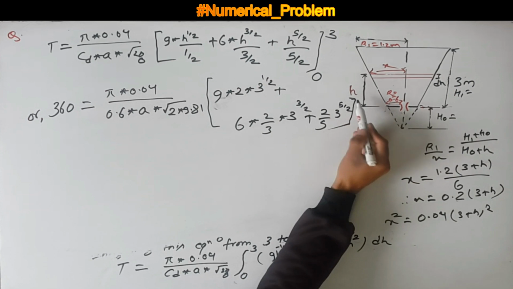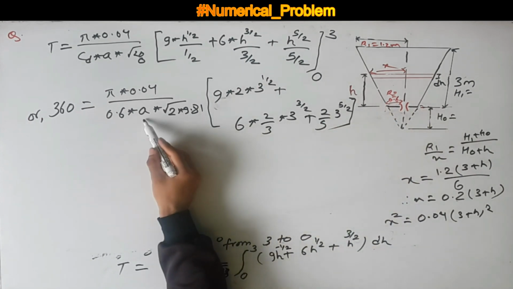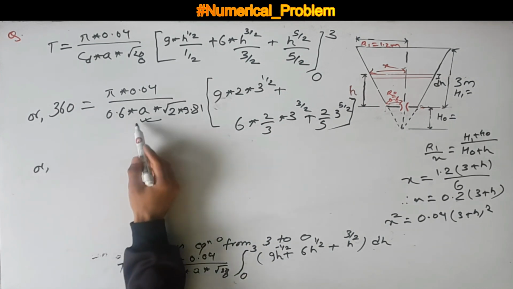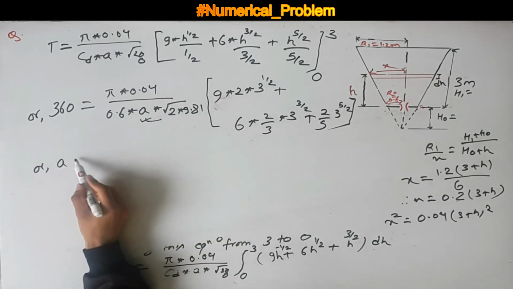This is our equation. From here we can calculate the unknown parameter a, or here we have to find a, so we separate a from here.